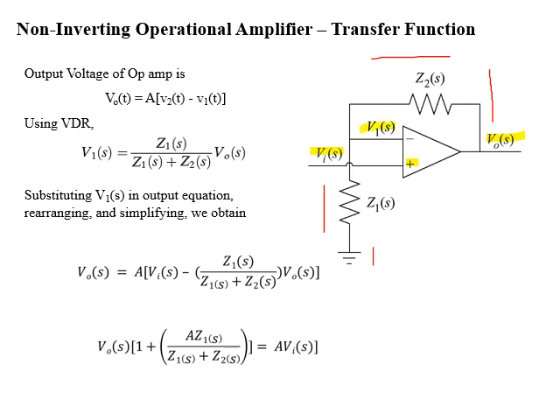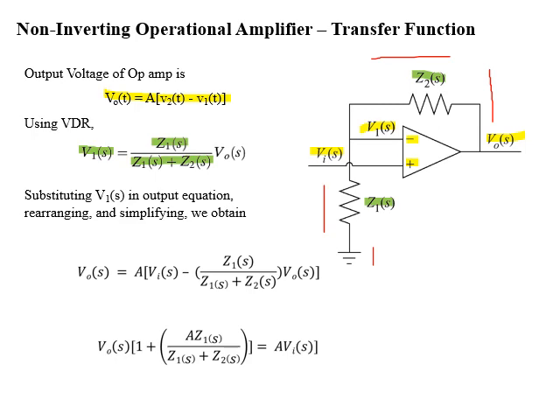We know that the output of the operational amplifier is given by the gain of the operational amplifier A multiplied by the differential input, which is V2 of t minus V1 of t. If we apply the voltage divider rule in the feedback path to find V1 of S, V1 of S will be equal to Z1 of S divided by the impedance of the feedback path, which is Z1 of S plus Z2 of S, and this whole term multiplied by the source voltage.